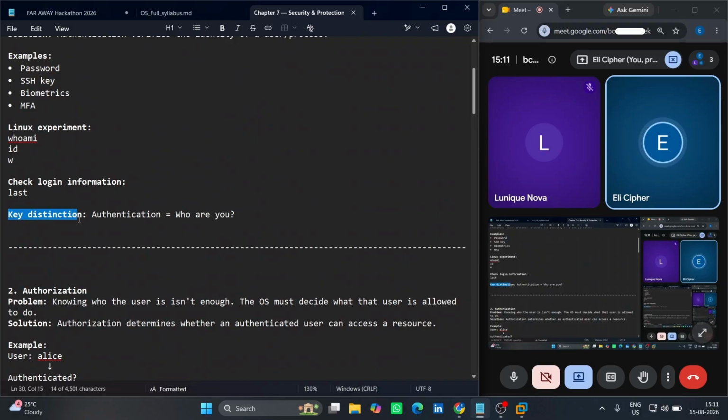Key distinction: it tells directly which terminology provides us what. So authentication asks who are you from users, that is, which user is right now accessing the data, or editing, or running any process, and so on. So authentication asks who are you of the user.